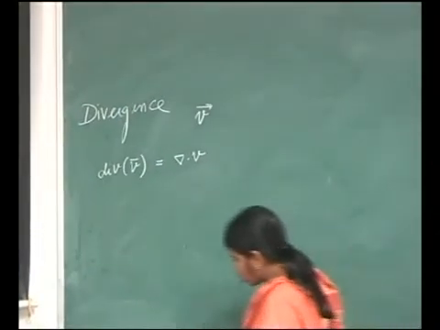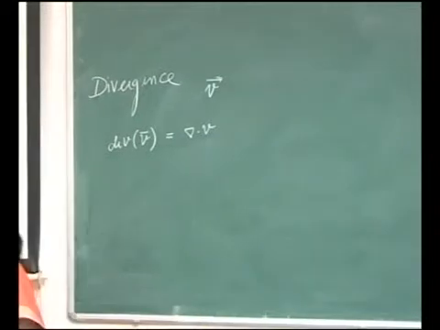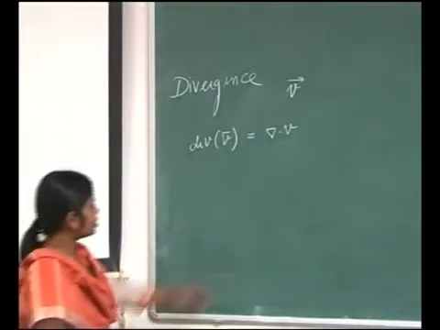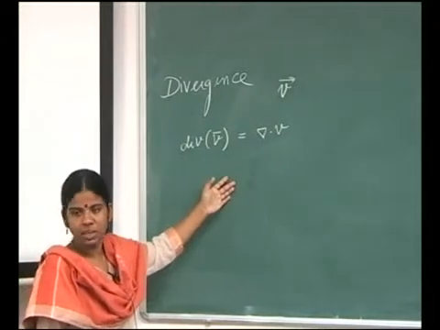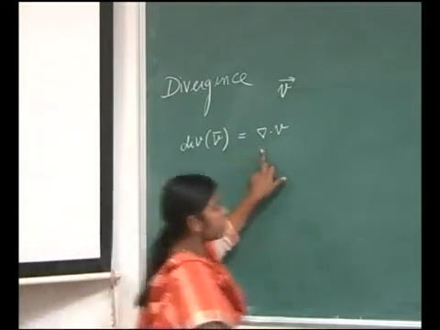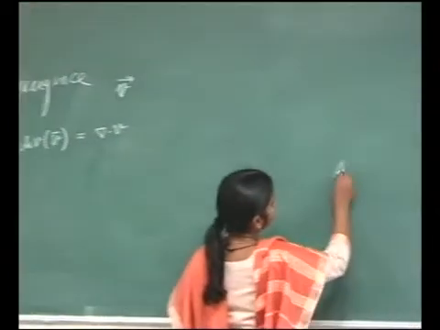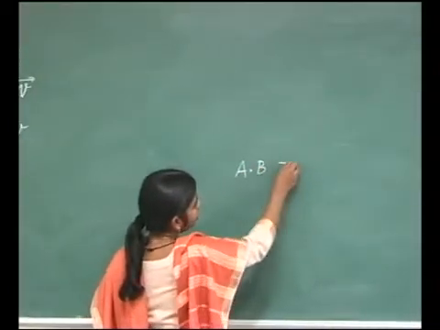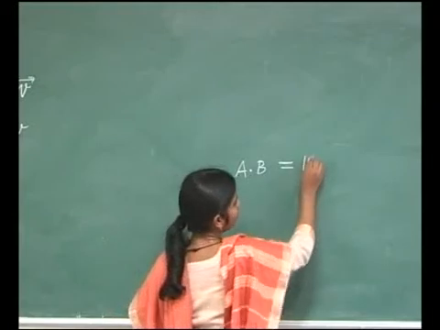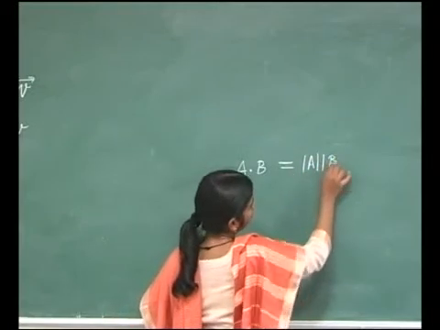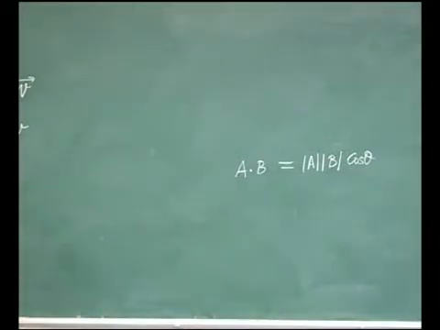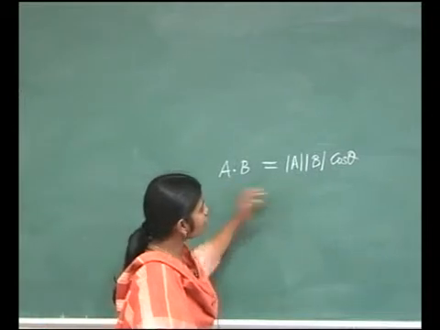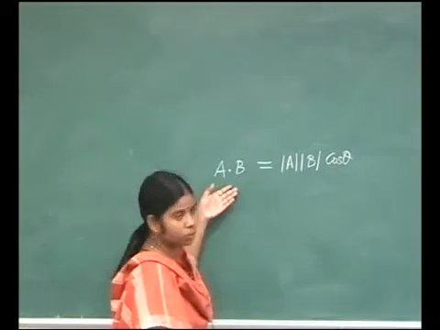As it results from the dot product, what does it actually mean? When I have a dot product, say a dot b, then in its abstract form I write this as mod of a, mod of b, cos theta. This equation tells me that at theta equal to 0, a dot b would be maximum.